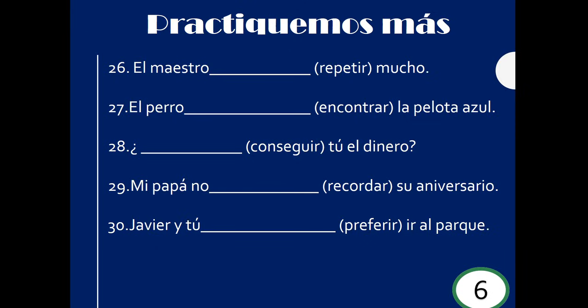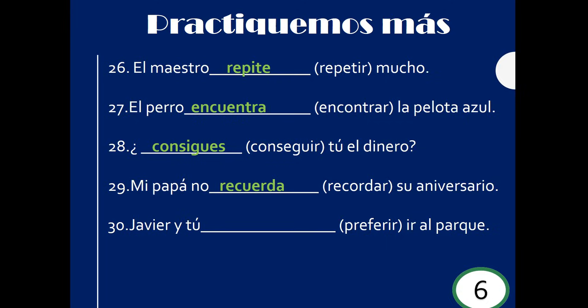Last 5, 26 through 30. Okay, 26. El maestro repite mucho. El perro encuentra la pelota azul. ¿Consigues tú el dinero? Mi papá no recuerda su aniversario.